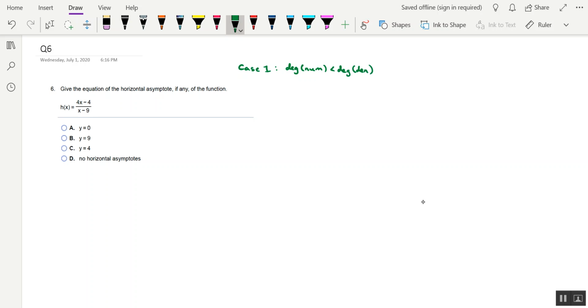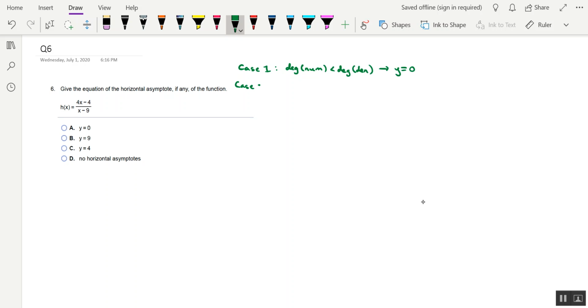I'll write it out this way. So if the rational function is fully simplified, and we notice that the polynomial on top has a smaller degree than the polynomial on bottom, then that's case 1, in which case by default the horizontal asymptote is the line y equals 0, which is the x-axis.